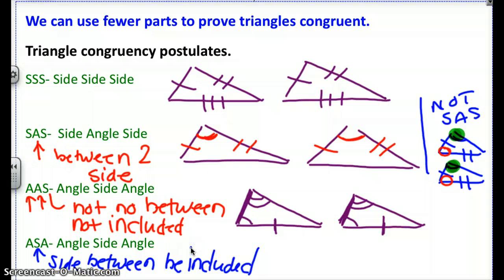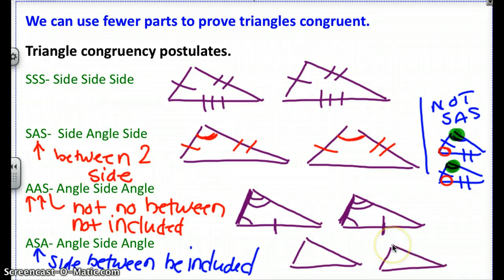So let's draw a picture of what that's going to look like. So I need an angle. I need another angle. And then I need the side that is included or between. So I need to go this side and this side because that's between the two angles.